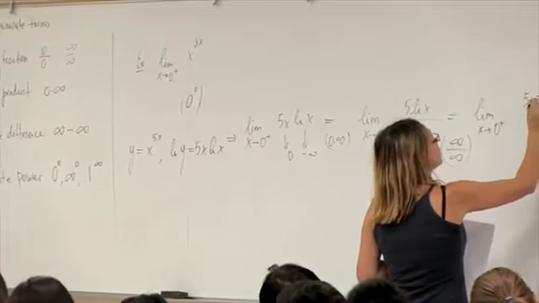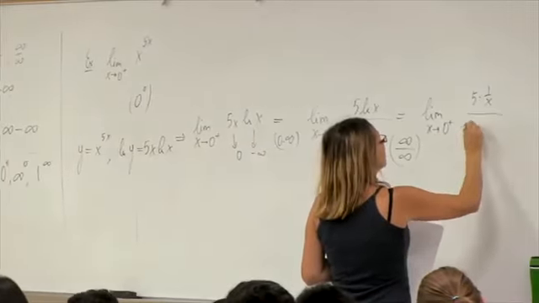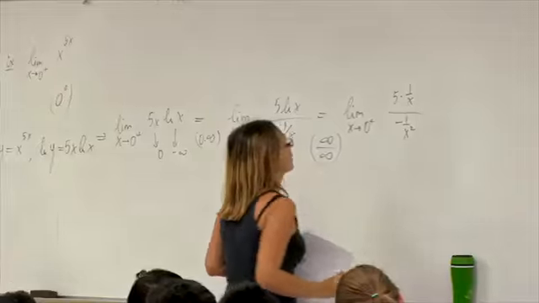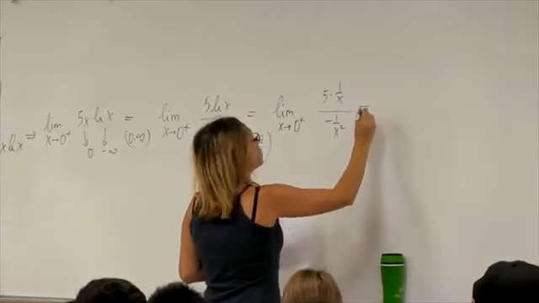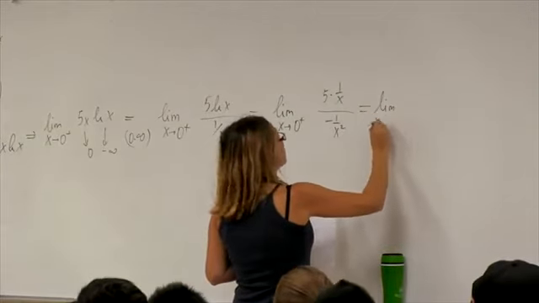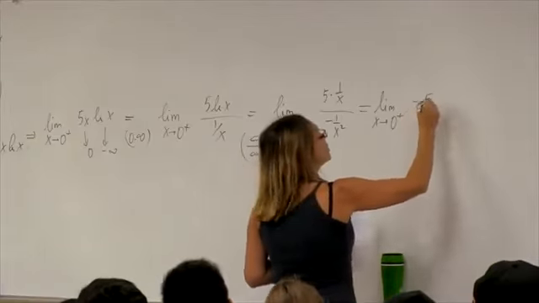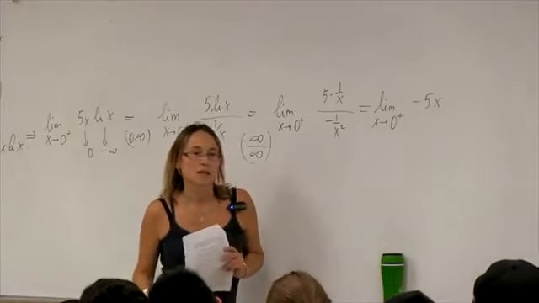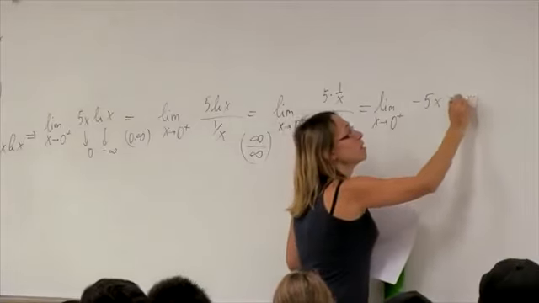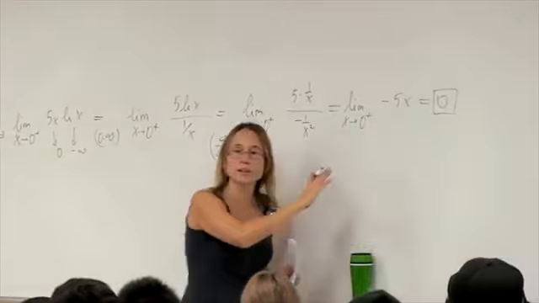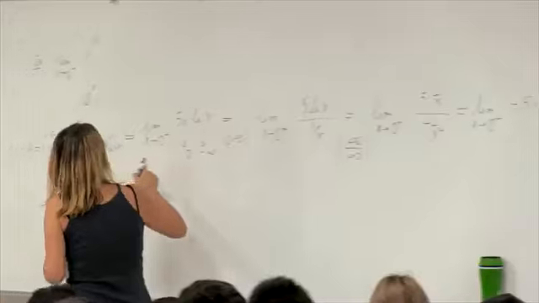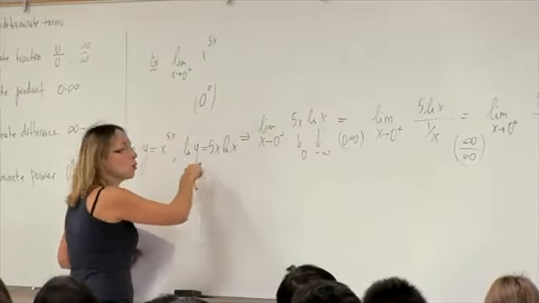So we have 5 times 1 over x. Okay. And next we invert. And this gives me the answer of 0. But this is not the final answer yet. This is the limit of log of y.